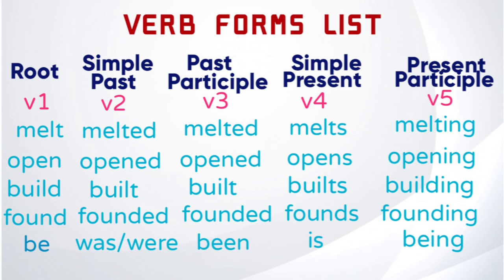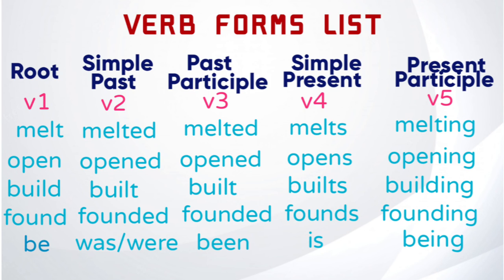Okay, let's see how the root word creates other forms of verb when conjugated with sometimes s, sometimes ed, sometimes ing.